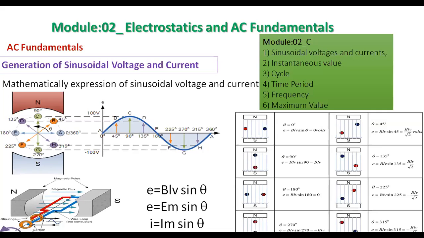So at steady state condition, EMF induced in this conductor is zero. At 0 degree, EMF induced here is zero. This figure again shows the angle is 0 degree, so when the angle is 0 degree, the EMF induced is also 0.